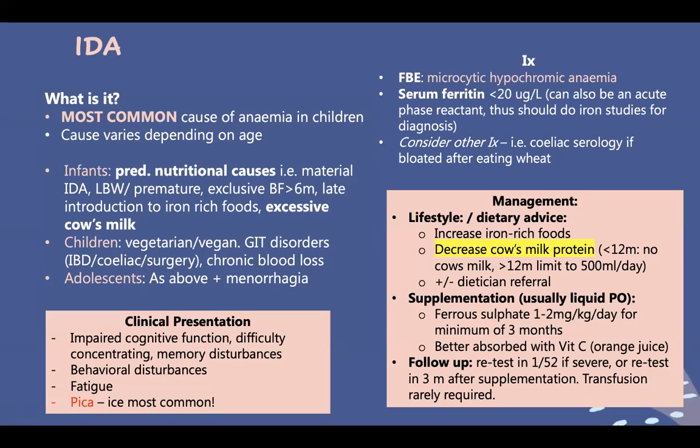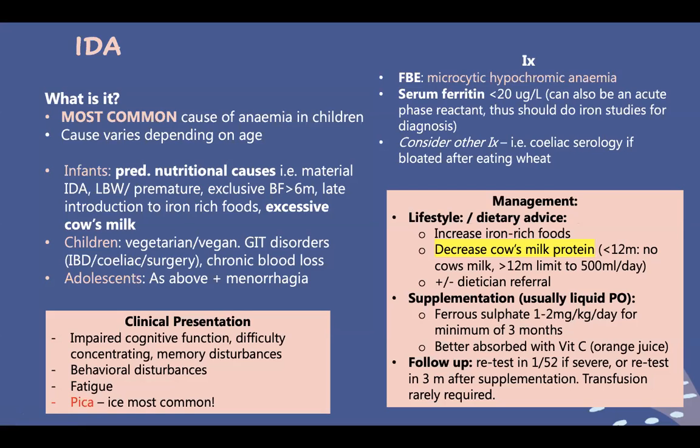The clinical presentation is the same essentially. I guess you get more non-specific symptoms like behavioral disturbances, we went over that before. For the mainstay of treatment, lifestyle: decreased cow's milk. So less than 12 months, no cow's milk. Greater than 12 months, limit to 500 milligrams a day.